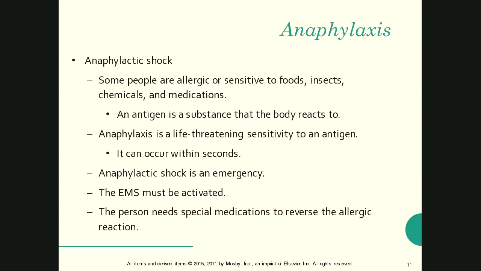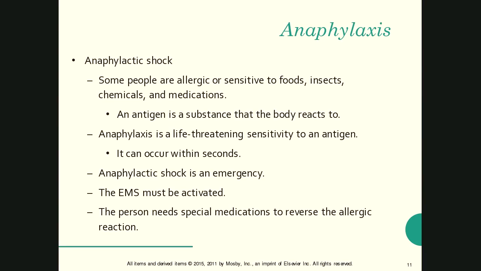So it's the venom of the insect that the body is reacting to. That's the antigen. Or whatever's in the peanut oil becomes the antigen because that's the substance the body is reacting to.